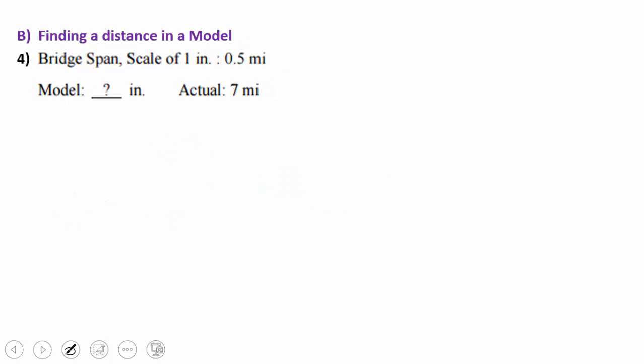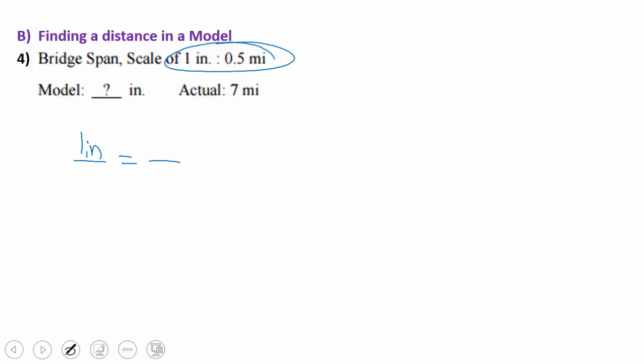Well, let's try finding the distance in the model or distance on the drawing. Either the drawing distance or the model distance. This time it's a bridge span, and again, they gave us the correct ratio, inches to miles. Very good. That would be the first ratio in our proportion, because we know the distances are proportional when we're talking scale models and scale drawings to the actual.